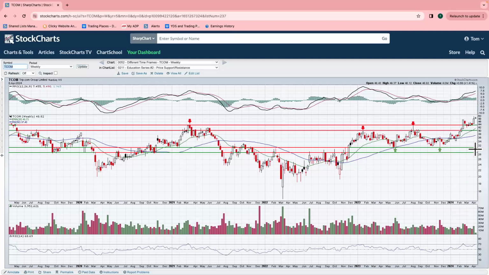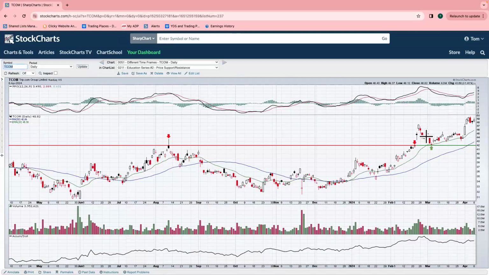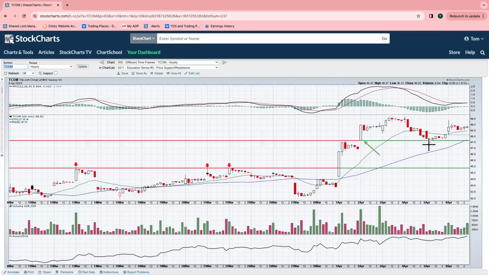So I'm looking at a long-term weekly chart thinking that probably 43 to 44 would be really good support. If I go back to the daily chart, I'm thinking probably 42 is the best support level and maybe a little over 47 short term, especially if that 20-day keeps coming up underneath. And then if I go to an hourly chart, it's 48.